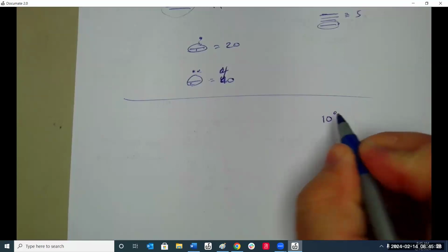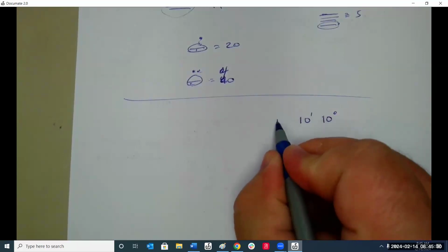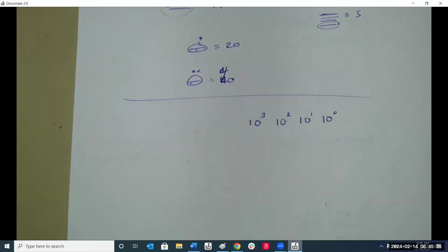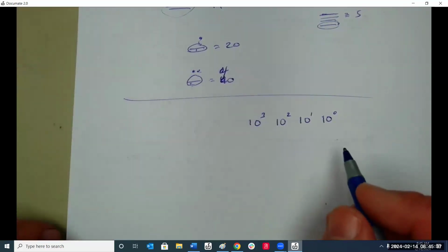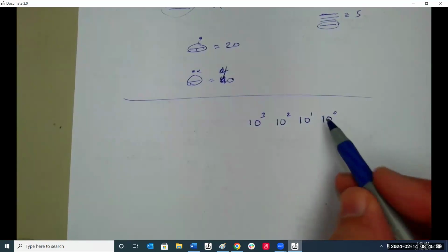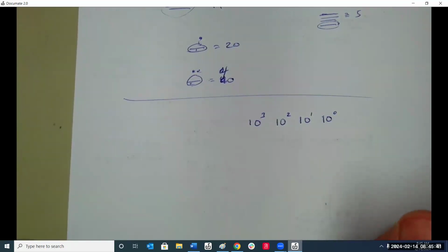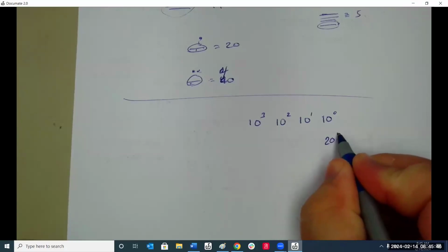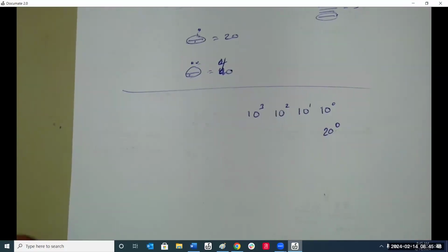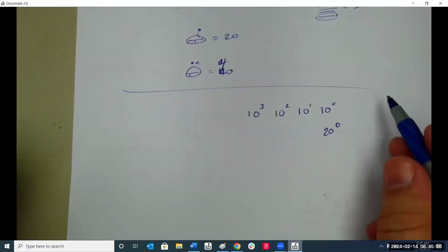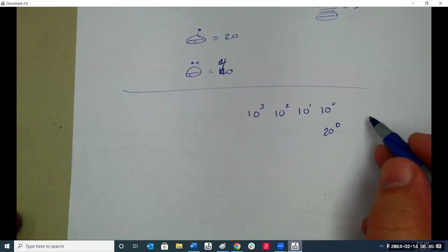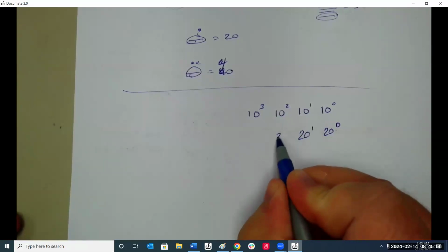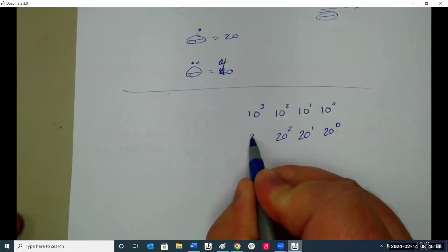So how ours, we have 10 to the 0, 10 to the first, 10 to the second, 10 to the third. Or the Babylonians, we had base 5. But what about this one? We had the ones, because anything to the power 0 is 1. So, do you think theirs was like this?